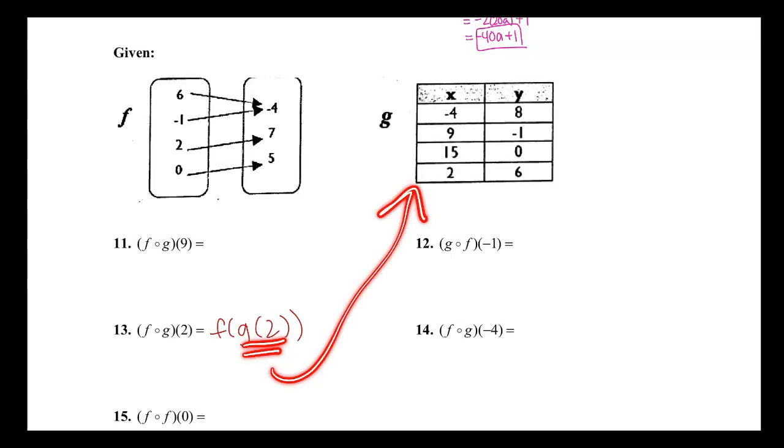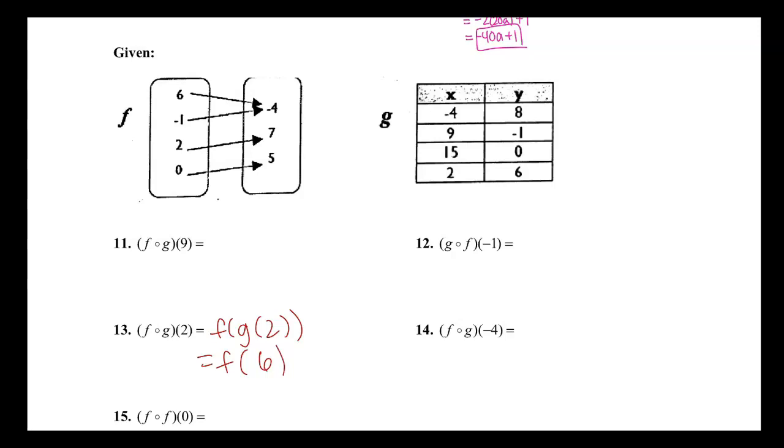G of 2 has to come from this table. What is the value at g of 2? Well, this is your x value. When your x value is 2, your y value is 6. So from here, I'm going to rewrite this as f of g of 2 is just 6.